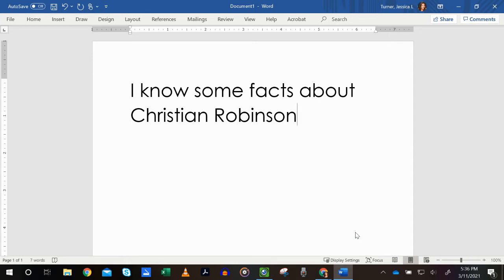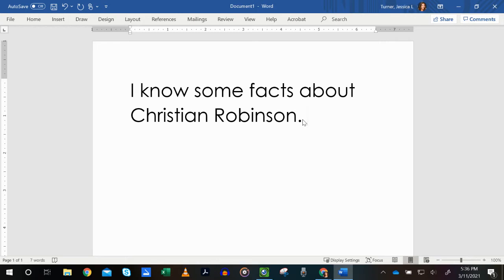Now remember, when we write a name, we have to start it with a capital. And since we have his first name, Christian, and his last name, Robinson, we needed a capital for each of those. What do I do to show that I'm at the end of the sentence? A period, that is right. We always need to add our period at the end.